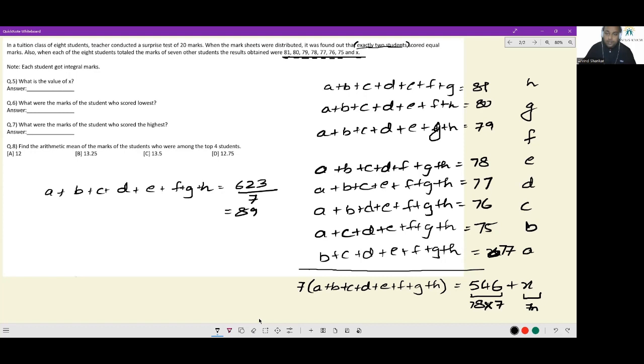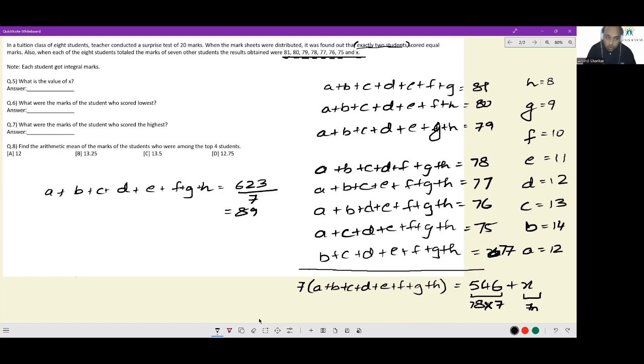What this enables me to get is, if the sum of all kids apart from H was 81, H scored 8, G scored 9, F scored 10, E scored 11, D scored 12, C scored 13, B scored 14, and A scored 12. Pay attention.